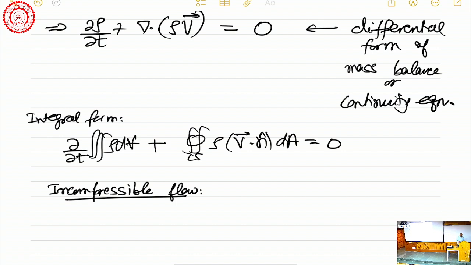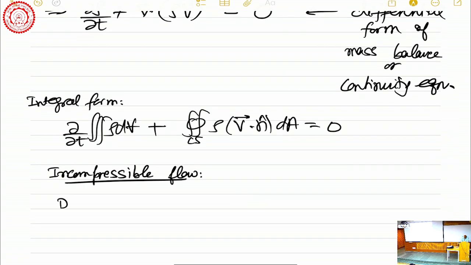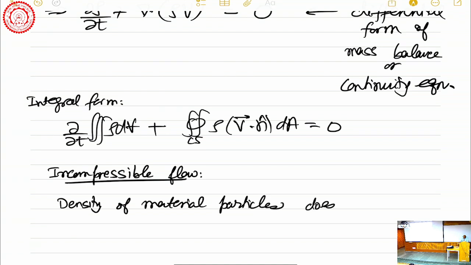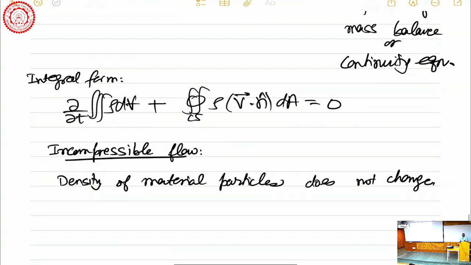In incompressible flow, the density of the individual particles will not change, and a simple form of this is rho is equal to constant.